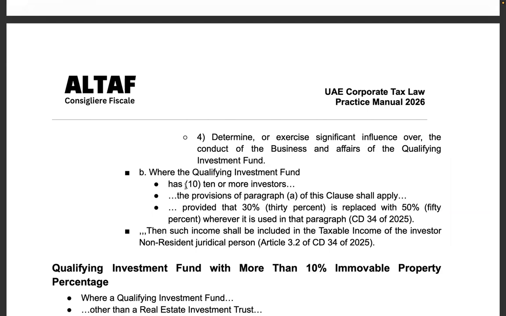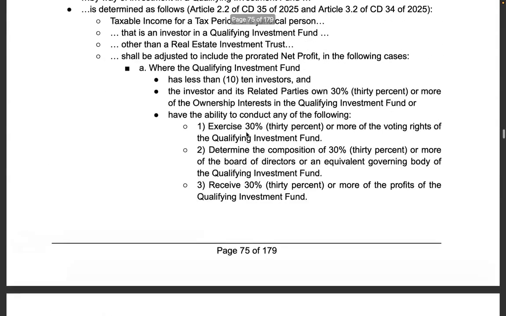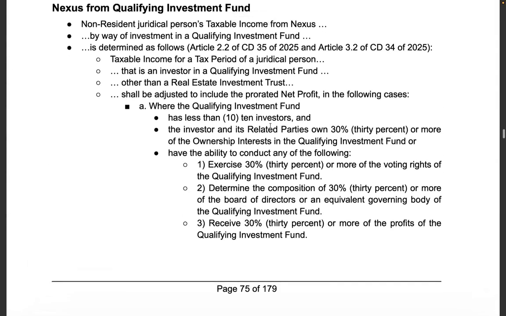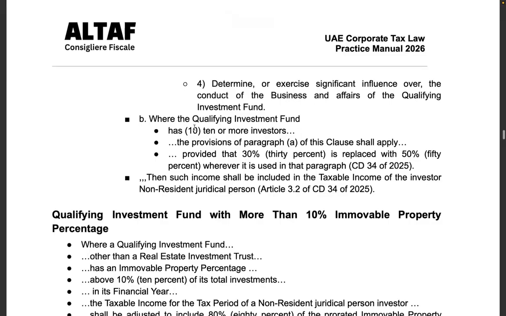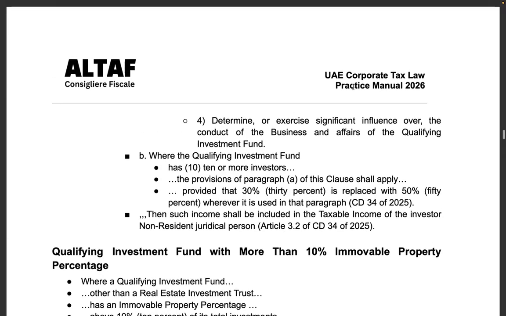Where the qualifying investment fund has, now the previous discussion was less than 10. What if there is more than 10, has 10 or more, at least 10? The provisions of paragraph A will apply, the ones that we read just now, provided that 30% is replaced by 50%. Everything stays the same, but instead of 30%, it becomes 50%.